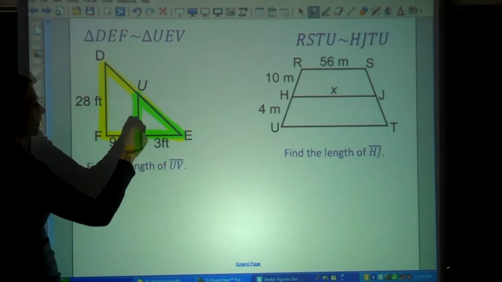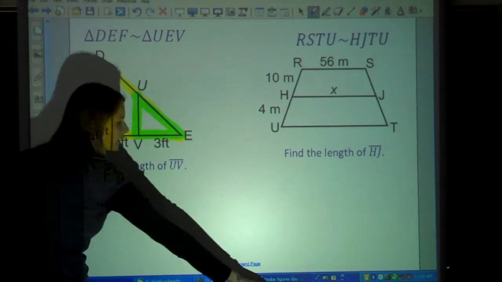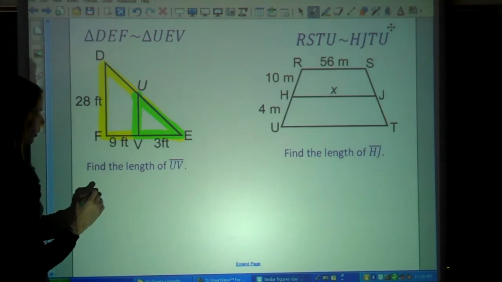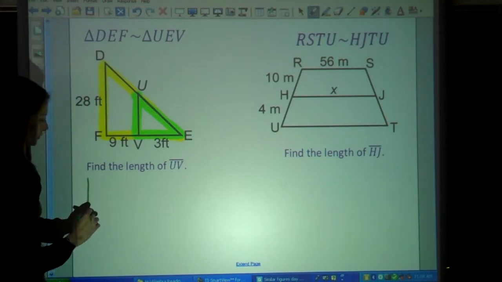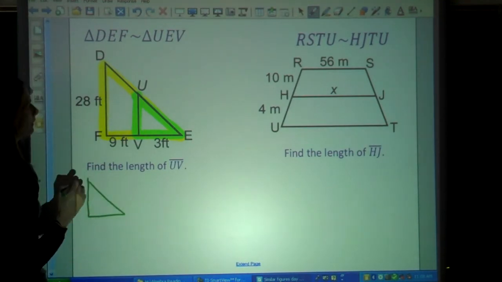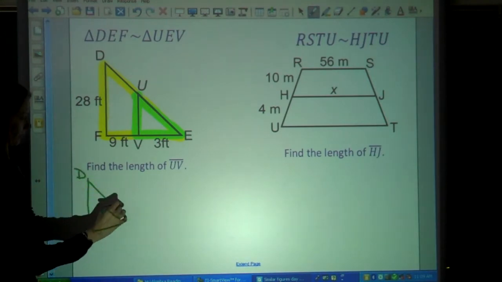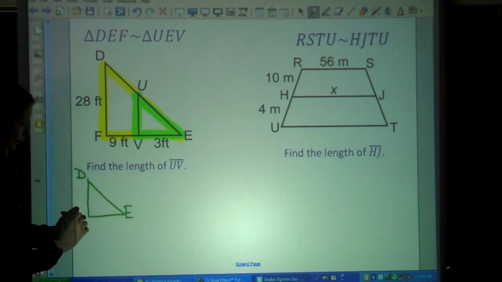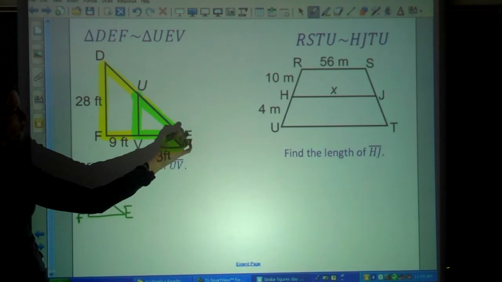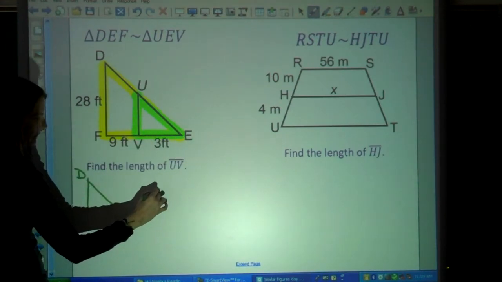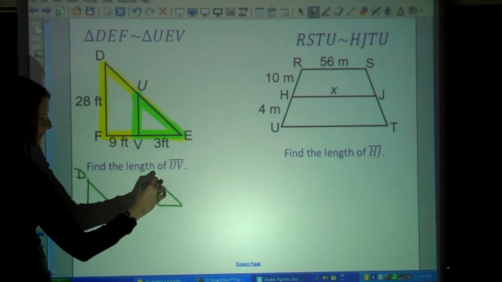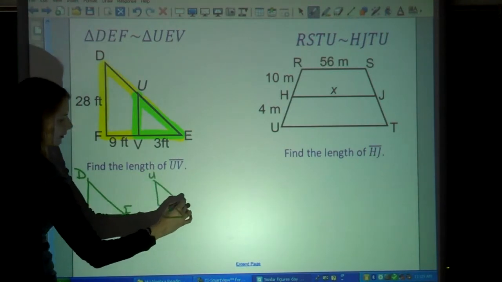One is bigger than the other. And underneath, I'm going to draw each of these triangles. So I'm going to do D, E, F, and then U, E, V. So please draw those for me on your paper.